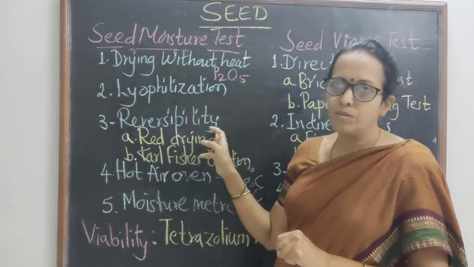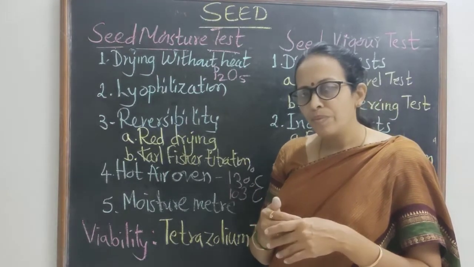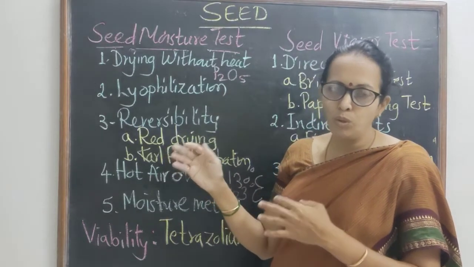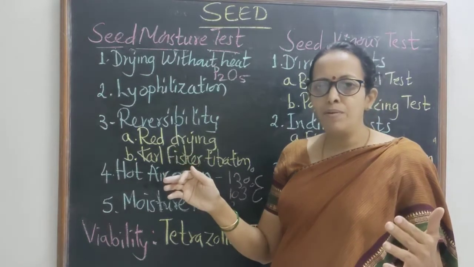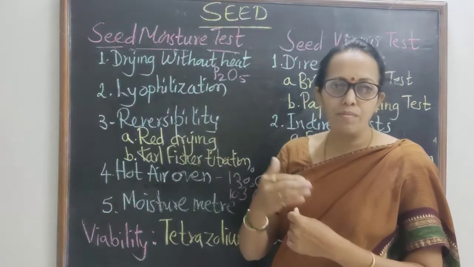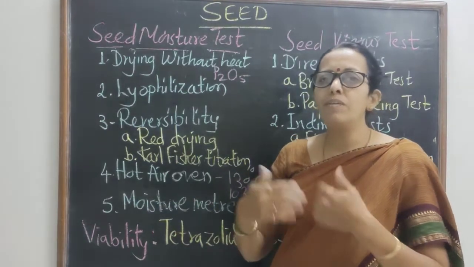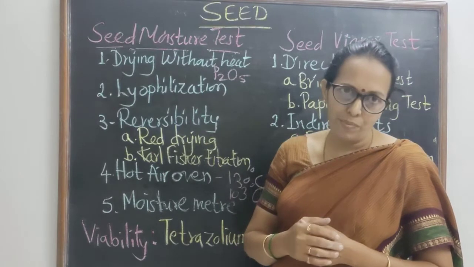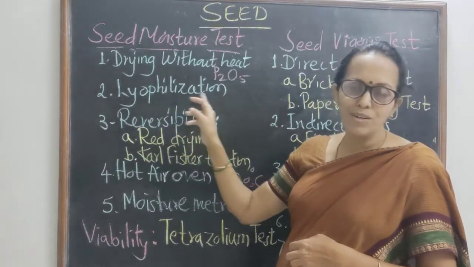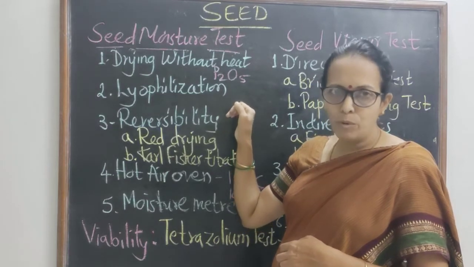Periodically, we weigh them, and when we get a constant weight, we take the difference between the previous fresh weight and the weight after giving out the moisture, and convert it to moisture percent. That is the cold method, what we call the lyophilization method. It is also used in many laboratories.